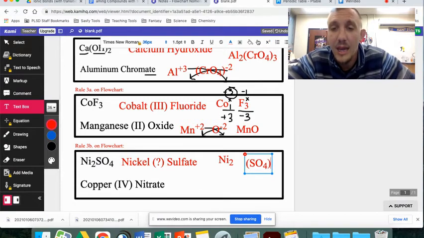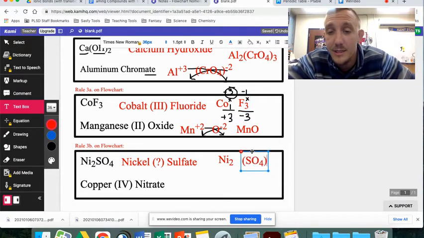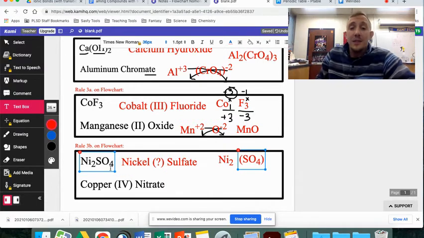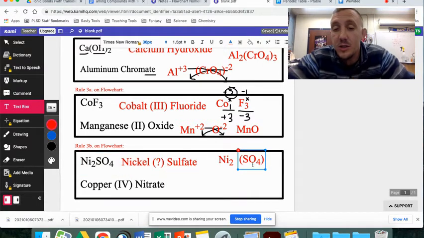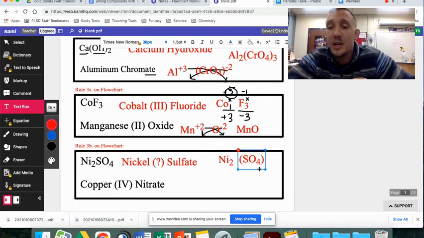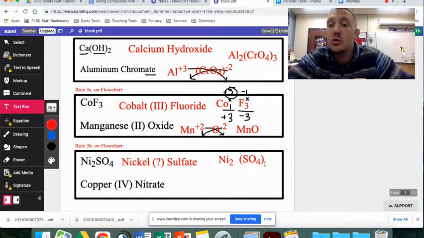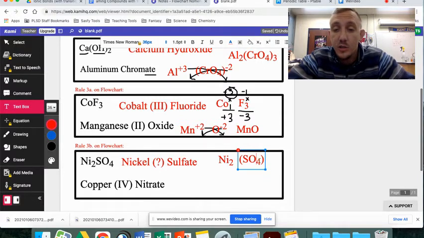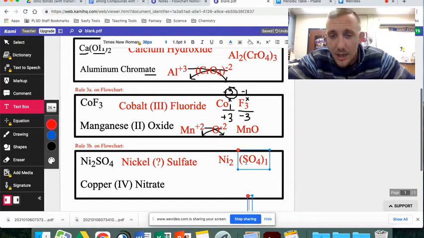I do not have 4 sulfates. That 4 is part of sulfate. That's why I'm telling you guys to put the sulfate in parentheses. Because there's no number outside the parentheses, I only have 1 sulfate. So I'm going to put the 1 just so you guys can visualize it.